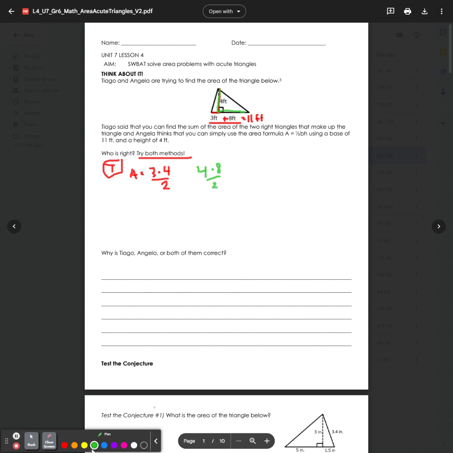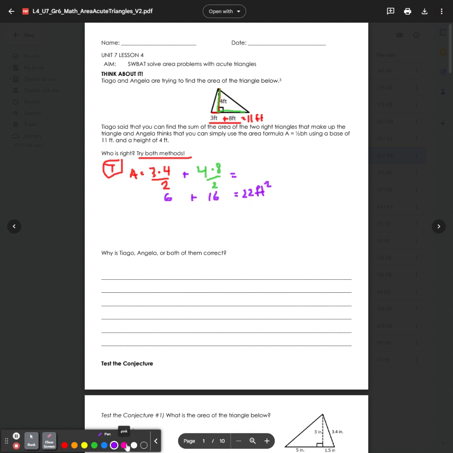And if we take the sum of those two triangles, then that would be 3 times 4 is 12, divided by 2 is 6. 4 times 8 is 32, divided by 2 is 16. So if we add those two together, it gives you 22 feet squared.